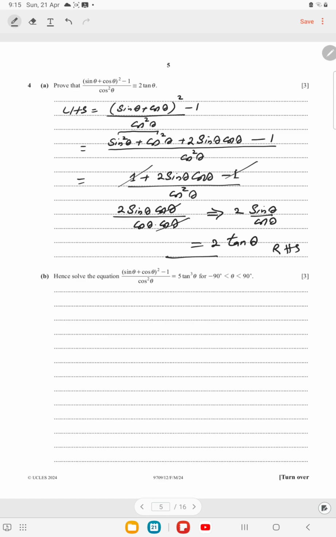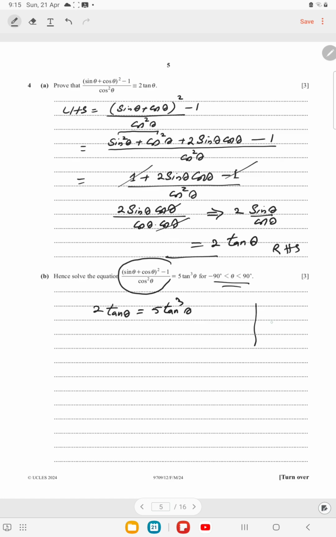Now further, this is a link question, hence solve the equation. This is what we have proved in part 1. That was this whole equal to what? 2 tan of theta, and the result is 5 tan cube theta. This range is from minus 90 to plus 90.